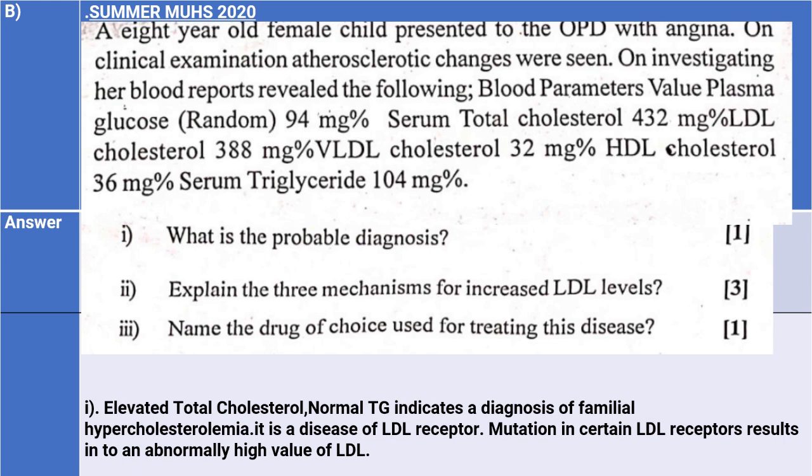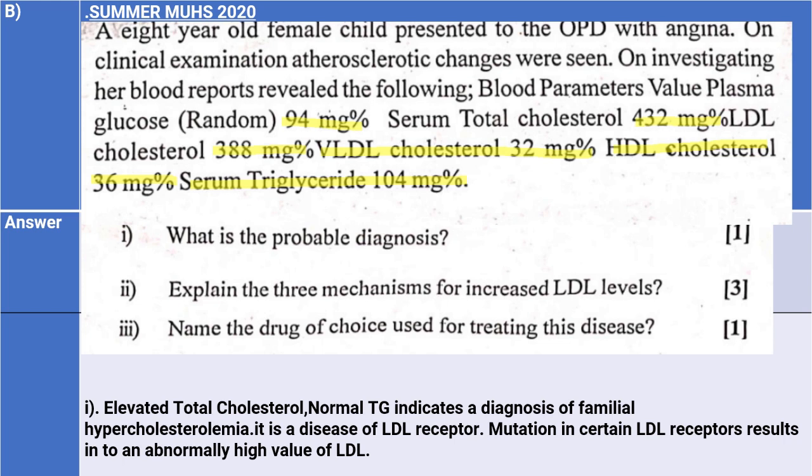On investigation, her blood report revealed the following: random blood sugar 94 milligram percent, serum cholesterol 432 milligram per deciliter, LDL cholesterol 384, VLDL cholesterol 32 milligram per deciliter, HDL cholesterol 36 milligram per deciliter, and serum TG 104 milligram per deciliter. So what is your probable diagnosis?